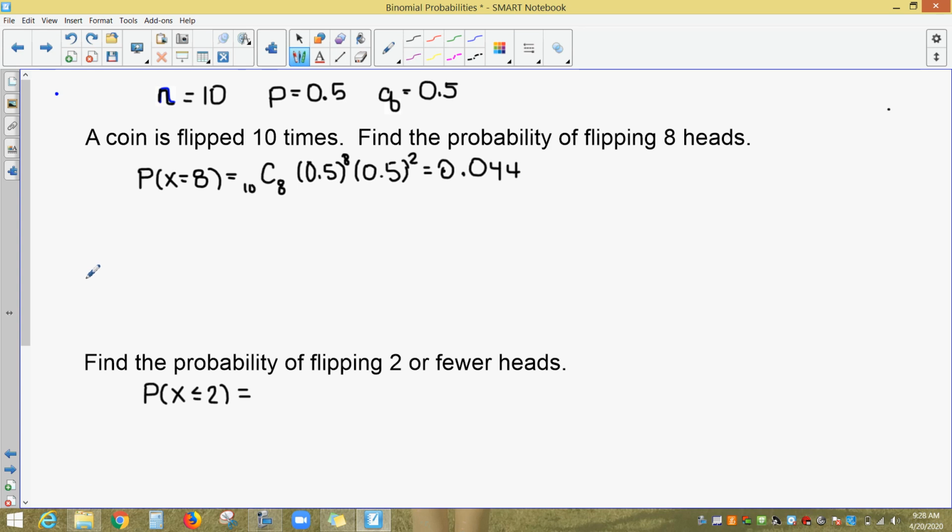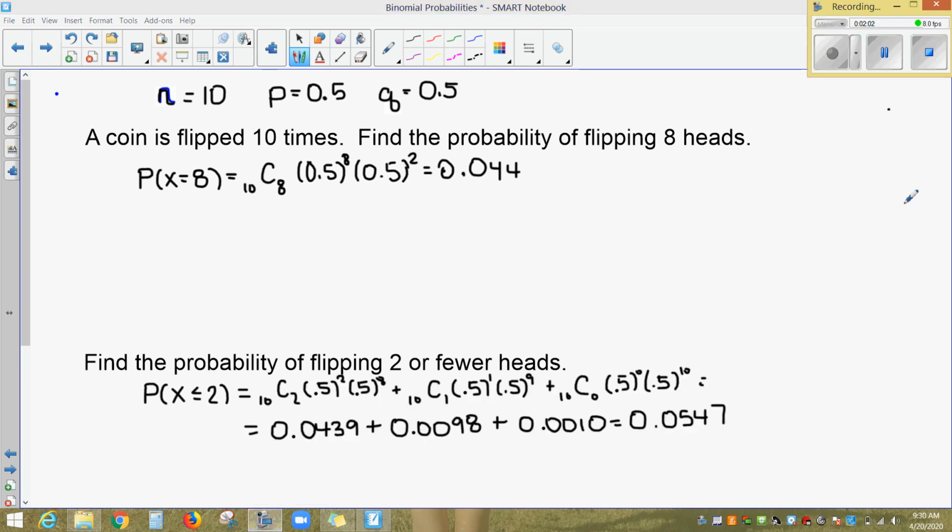But go ahead and find the probability x equals 2, and then x equals 1, and then x equals 0, and turn it on and see what that is. Probability of flipping 2 heads is the same as flipping 8. 1 head is this, and 0 heads, that's a 10, is very small. So about a 5% chance of getting 2 or fewer.